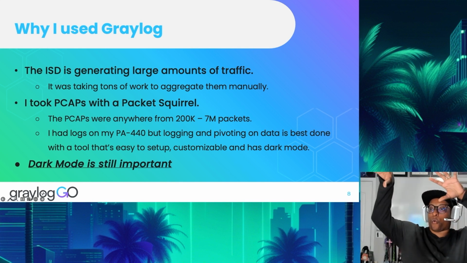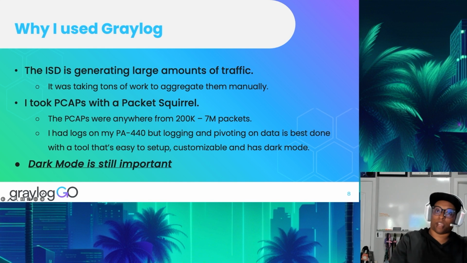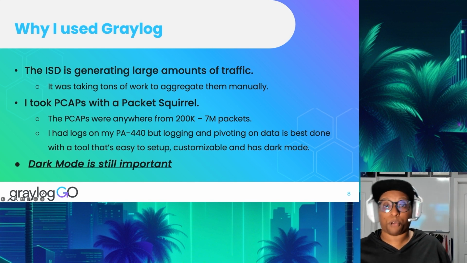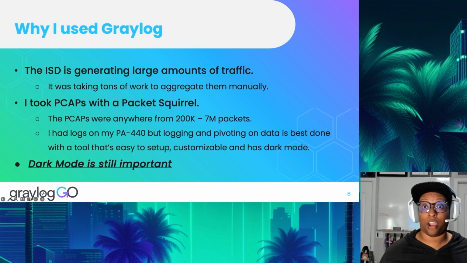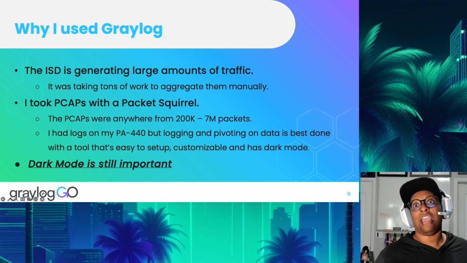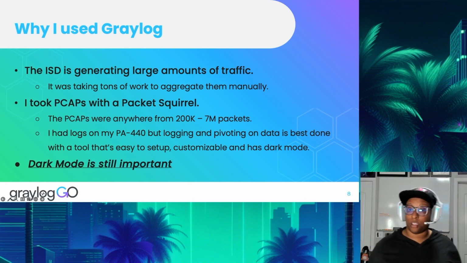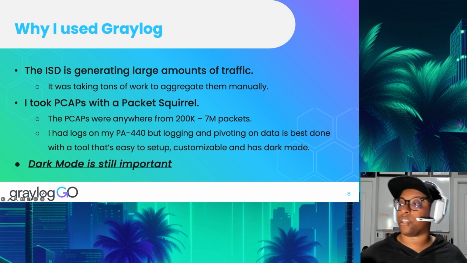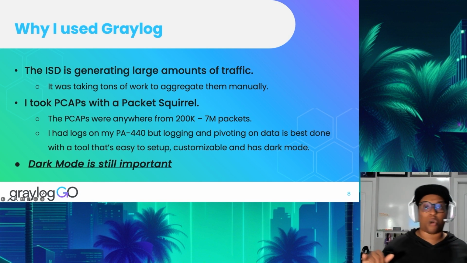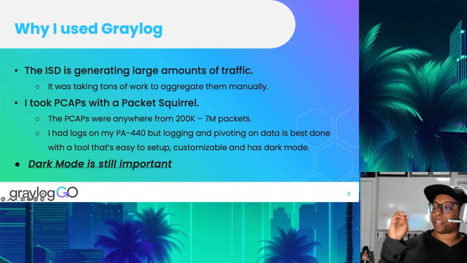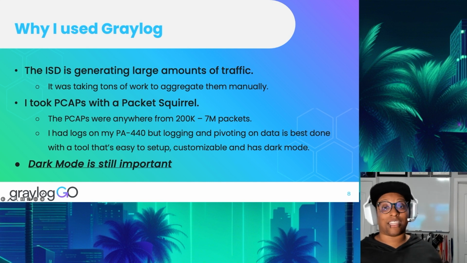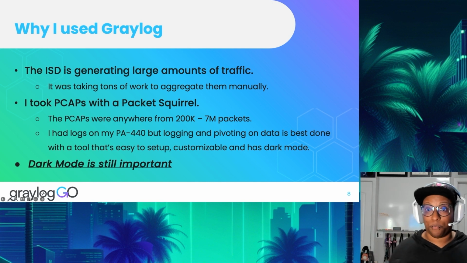Now, I had my logs on my Palo Alto. The Palo Alto does a pretty good job with logs, considering that it's a firewall and it's not supposed to be a log aggregator. But I wanted to pivot on data. I wanted the logging to make sense. I wanted it to be easy. I wanted it to be clear, and I needed a tool that had dark mode. Let's be real.